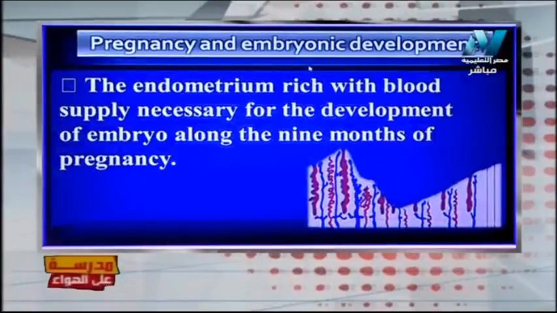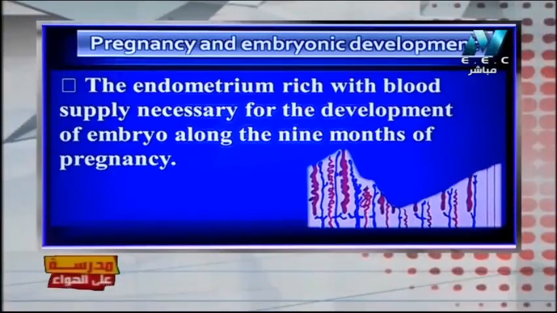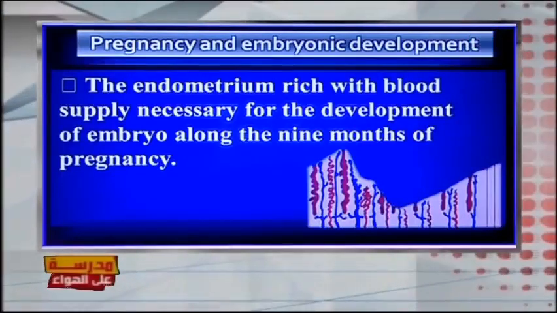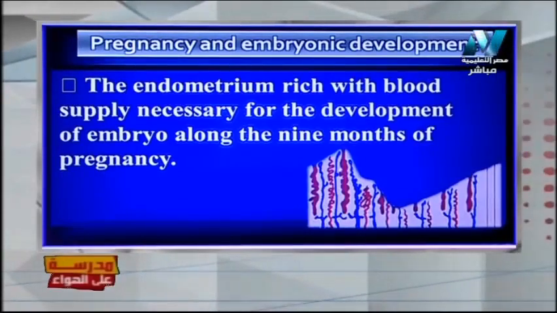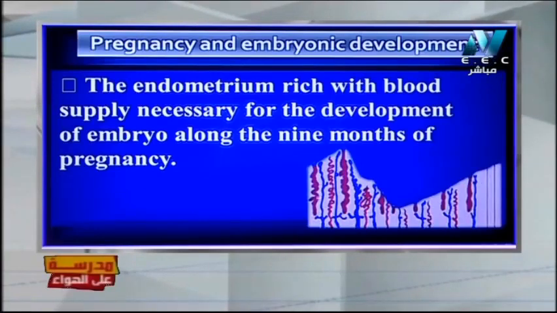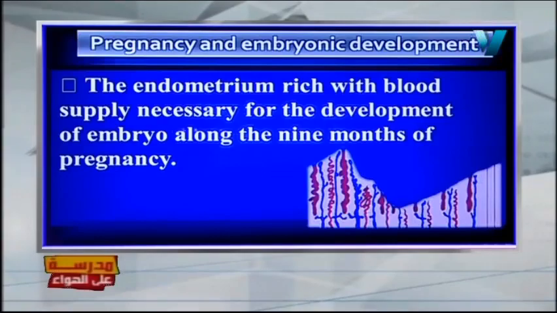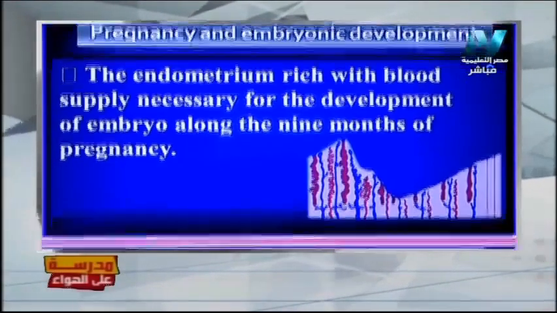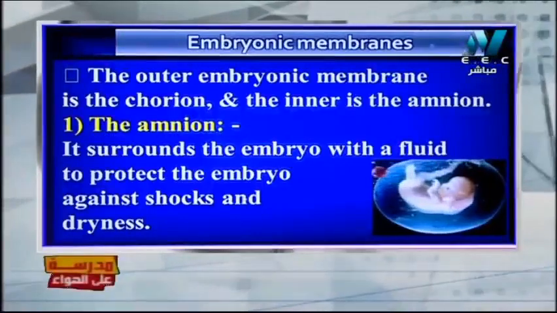The endometrium is rich with the blood supply necessary for the development of the embryo along the 9 months of the pregnancy. يبقى هنا إنت عارف إن في estrogen وprogesterone، اتكلمنا عن الحلقة اللي فاتت إن الestrogen طبعا increase the growth of the endometrium، والprogesterone increase the vascularity of the endometrium and adhere the endometrium in the uterine muscle.